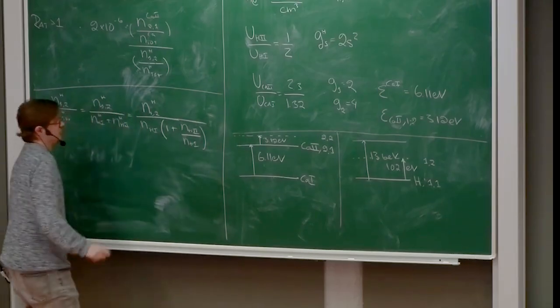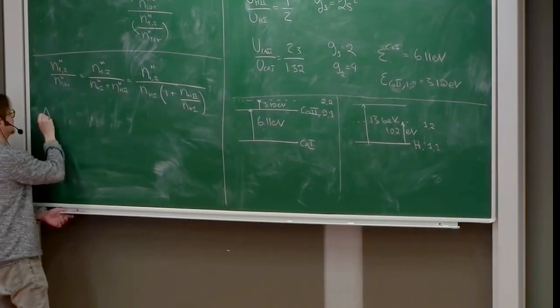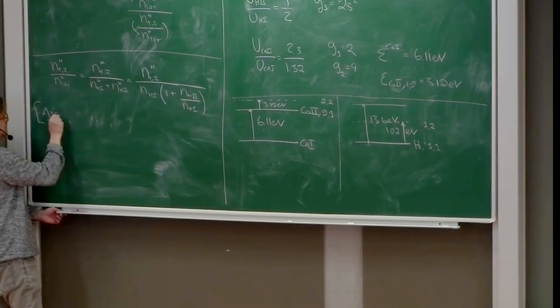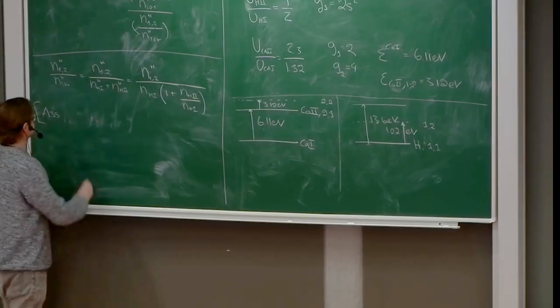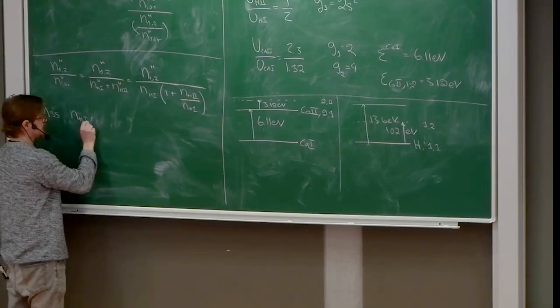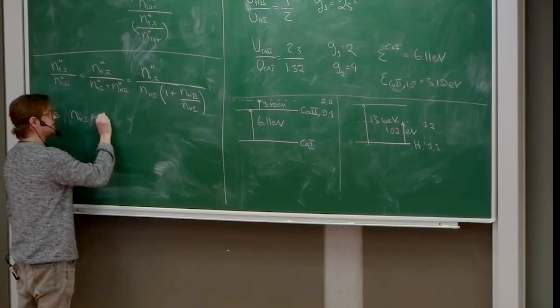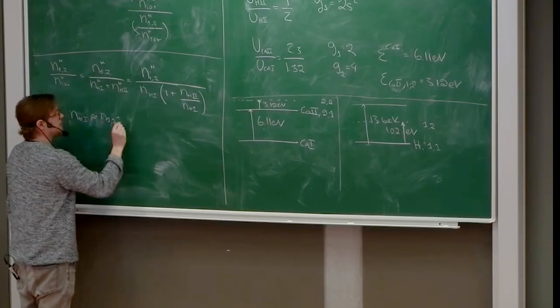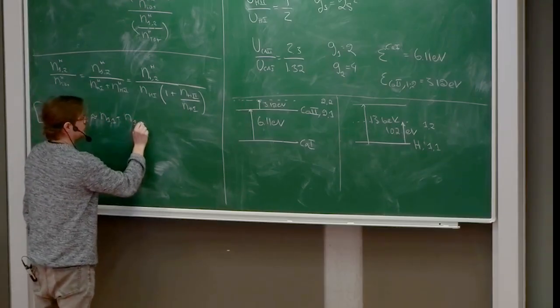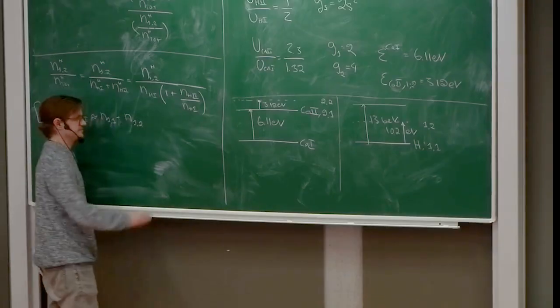All right. So now, in order to do this analytically, we can make another assumption, and that is that the total abundance in H1 is approximately N_{11} plus N_{12}, and then we neglect the rest of the terms.